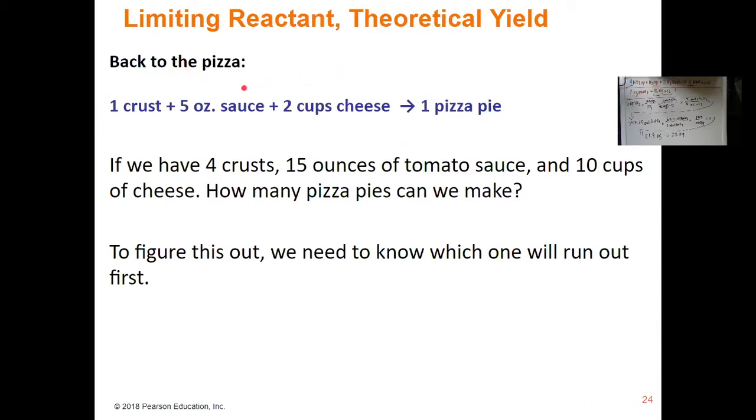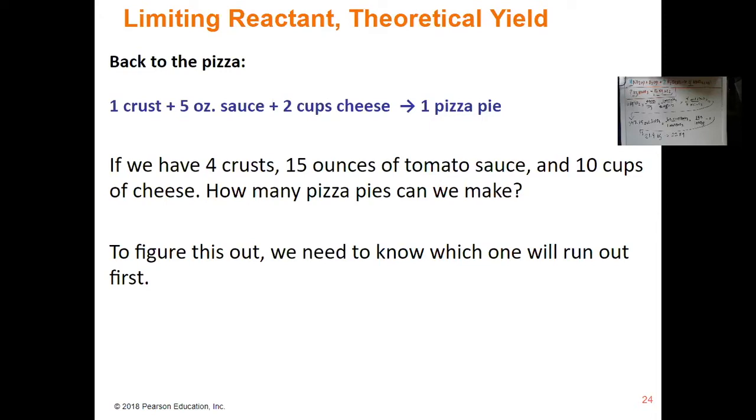Say that in my stocks, in my cupboards, in my fridge, it turns out that I have 4 crusts, 15 ounces of tomato sauce, and 10 cups of cheese available. Well, now how many pizza pies can I make?